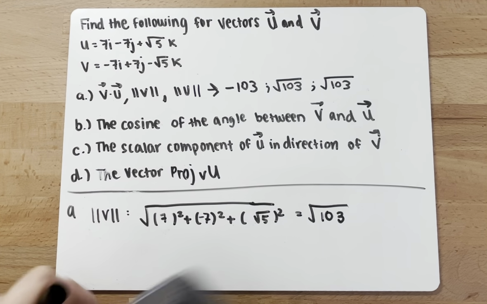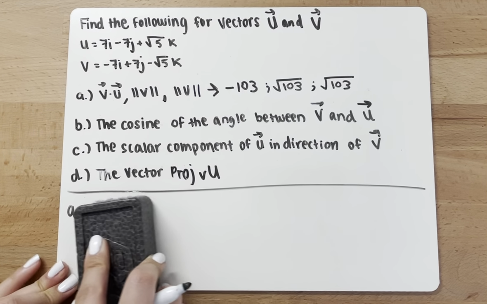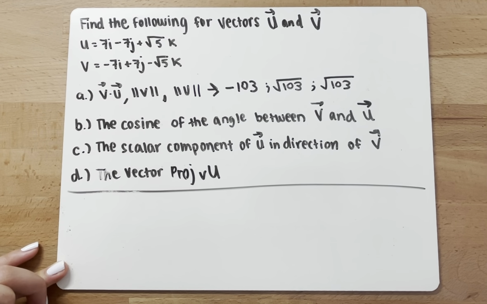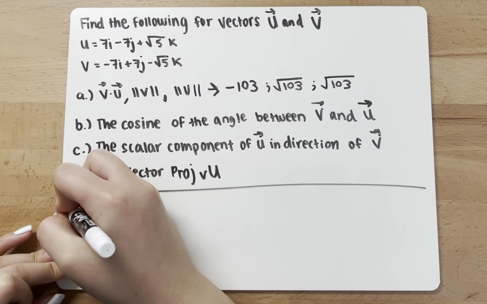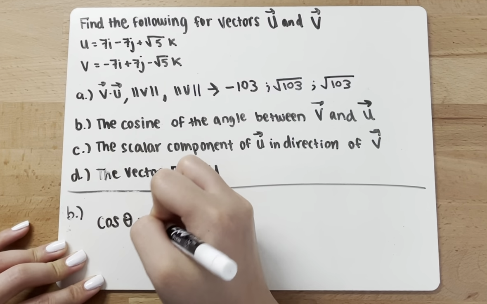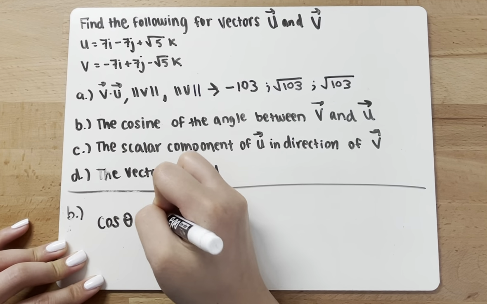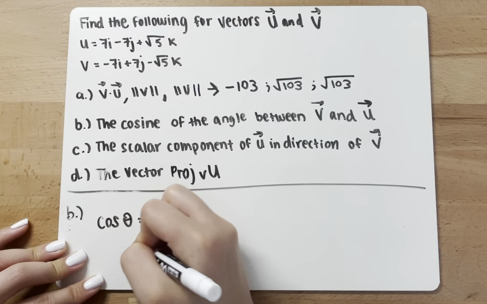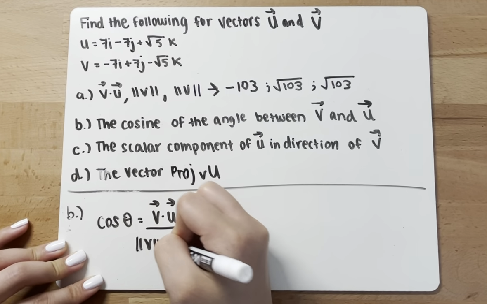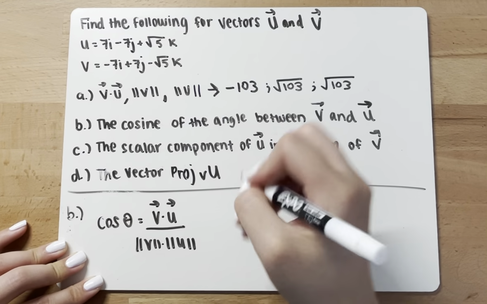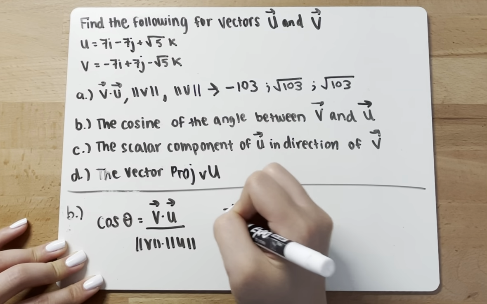Okay, next step for part B, you want to find the cosine of the angle between v and u. So please remember that the cosine of theta is equal to v dot u over the magnitude of v times the magnitude of u. Okay, v dot u, we know that it's -103.